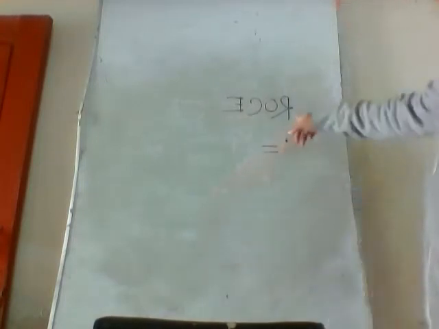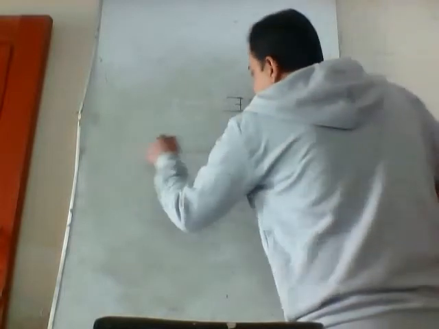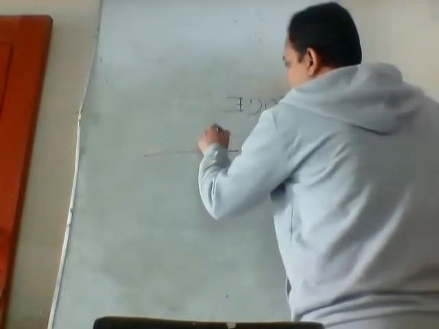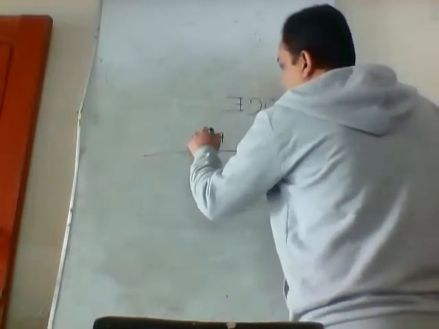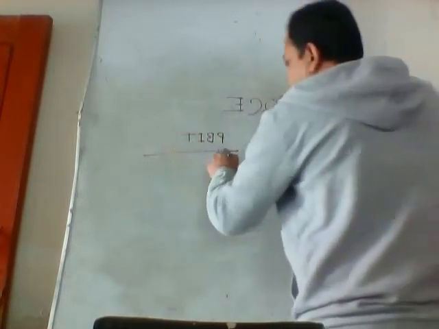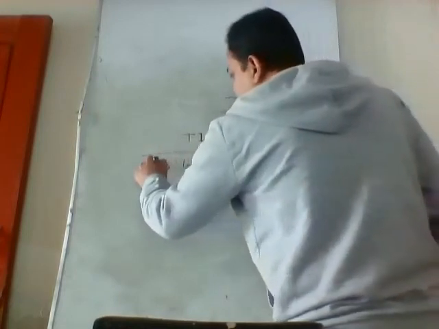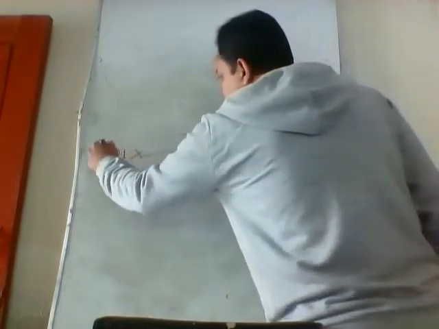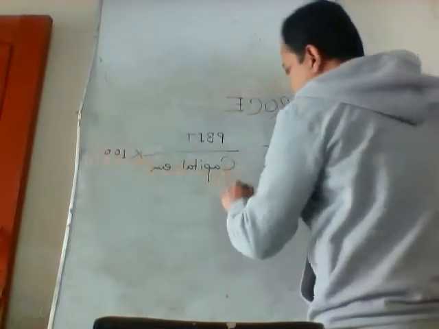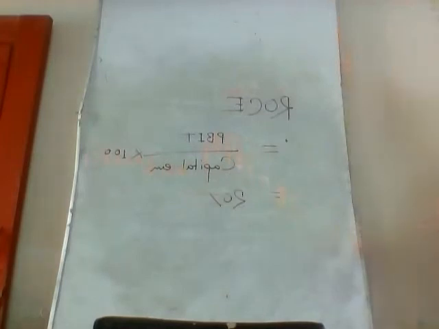So ROCE, return on capital employed. The thing is, profit before interest and tax divided by capital employed into 100. If the thing is 20%, what does it mean?